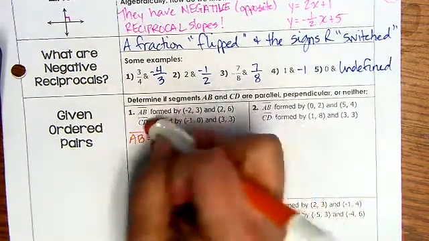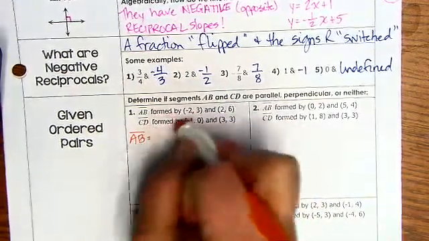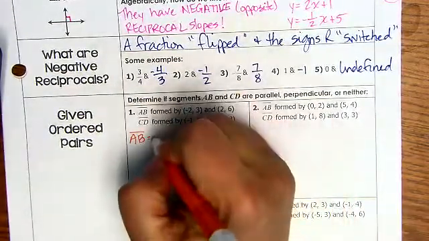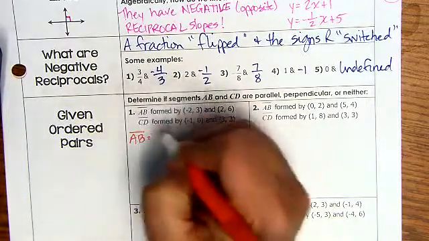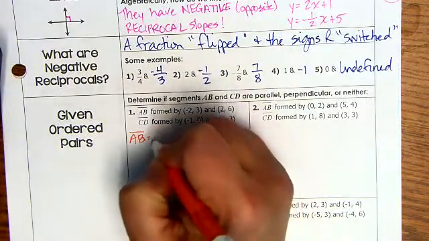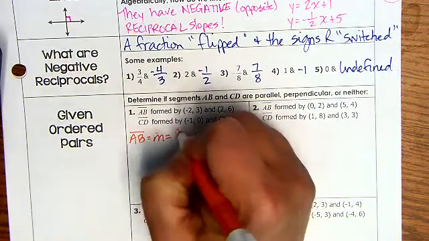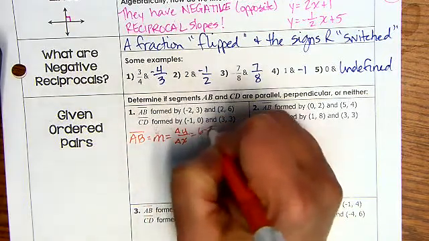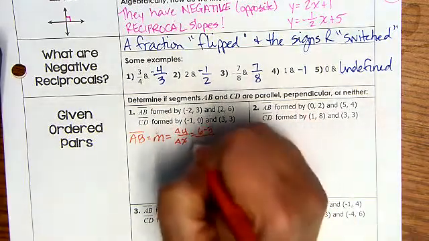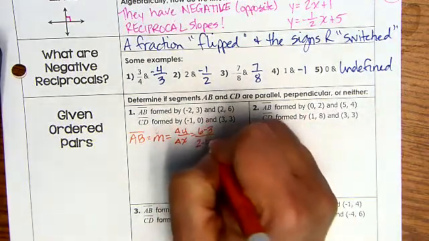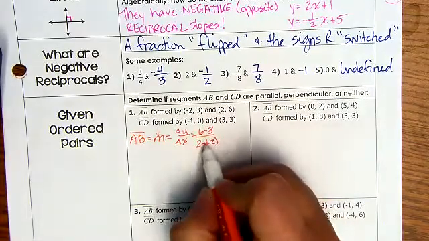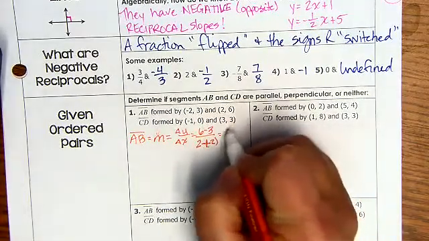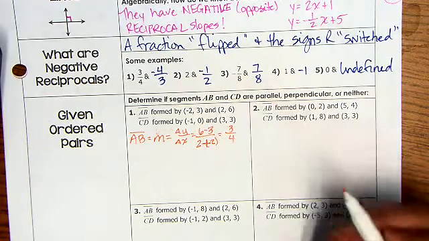Oh, hold up, Kimberly. You're jumping ahead of yourself. M equals the change in Y over the change in X, which is 6 minus 3 over 2 minus negative 2. This becomes a big plus, so this is going to be 3 over 4.